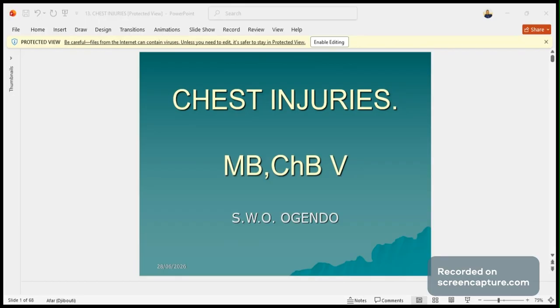Check if systolic pressure is progressively falling, urine down to 50 ml per hour or less, colloids or Ringer's lactate. We check those. Types of chest injuries needing urgent attention are tension pneumothorax, open pneumothorax, massive hemothorax, flail chest, and cardiac tamponade. So tension pneumothorax is a potential killer condition, and no radiograph is needed.